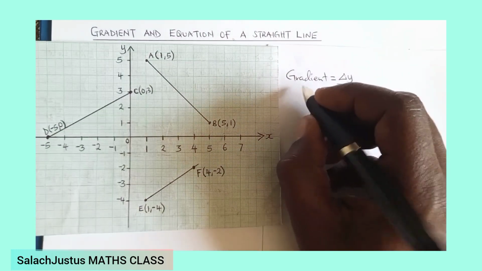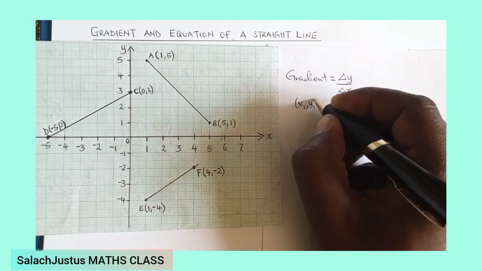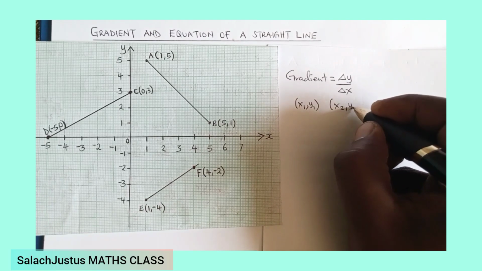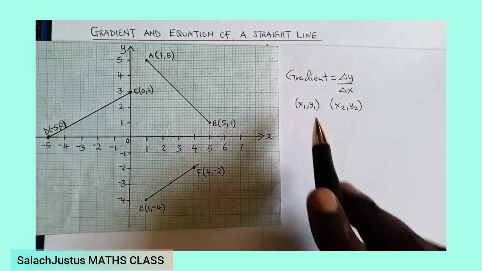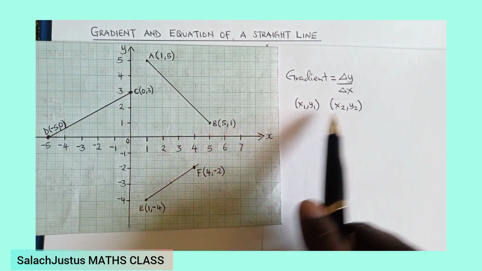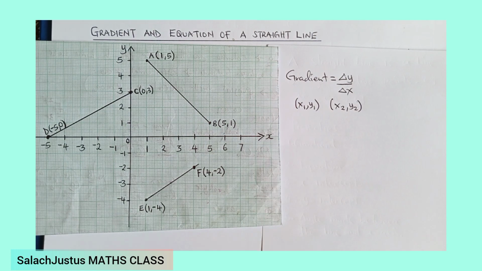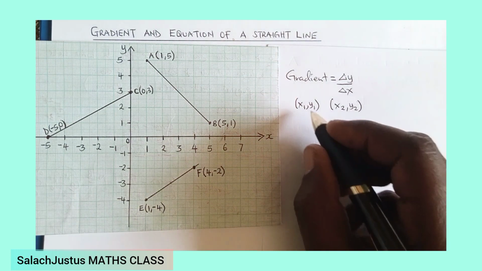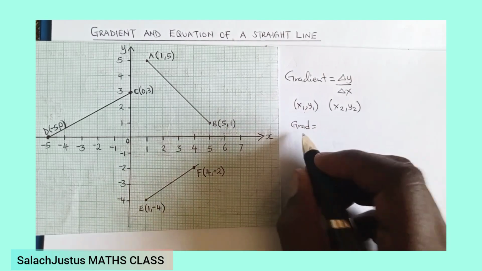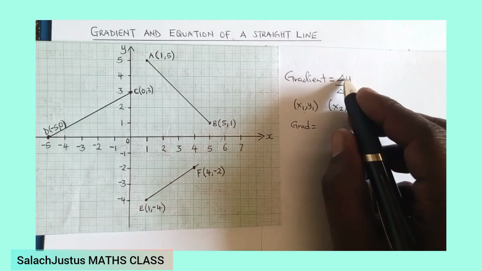When we are given 2 points, let's say x1, y1, and another point x2, y2. So x1, y1 might represent 1, 5, and x2, y2 represents 5, 1 in this graph. So when we are given these 2 general points, we shall write gradient, using grad to represent gradient, as change in y first.